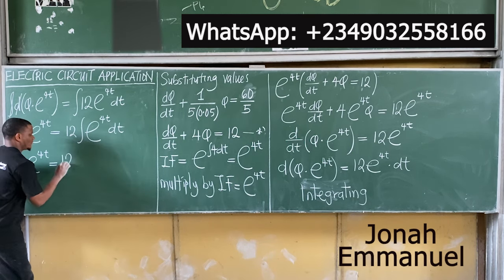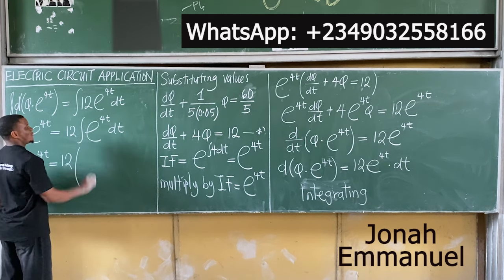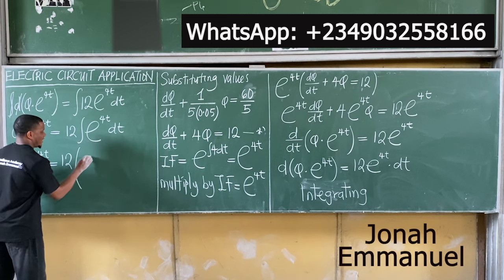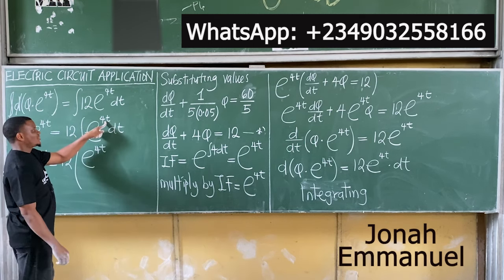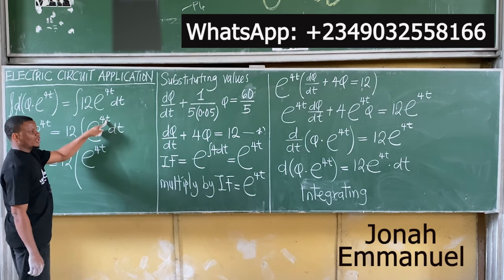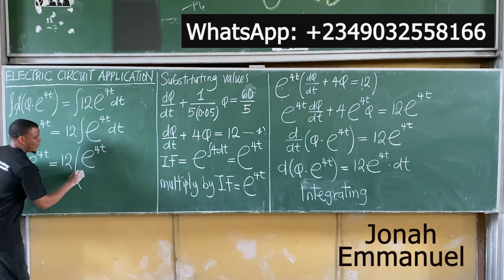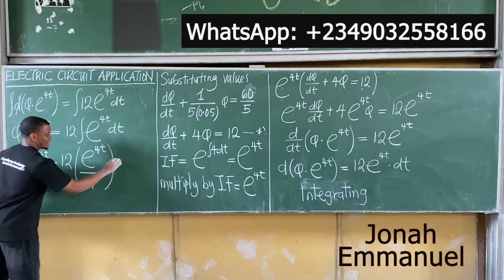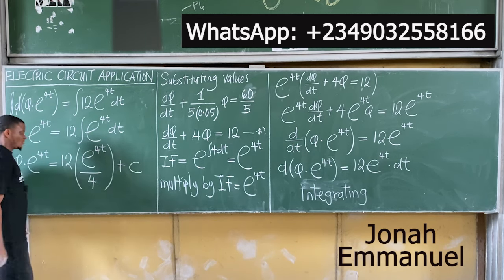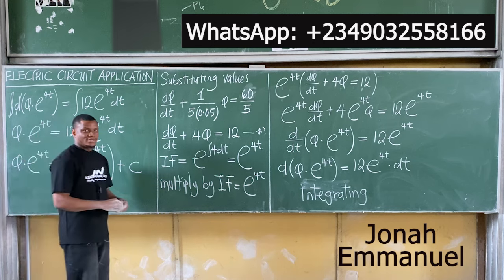So you have q times exponential 4t equal to, how do you solve this? This becomes 12. In integrating an exponential term, what's the concept? Take the exponent, 4t, and differentiate 4t with respect to t. What do you get? 4. That 4 becomes the denominator. Basically, this is how you integrate this. Then plus c, your constant of integration.